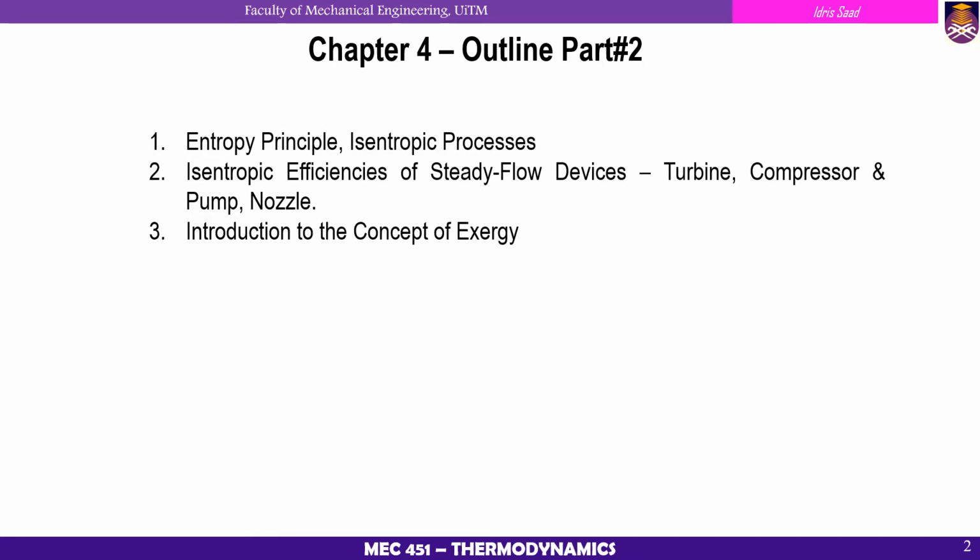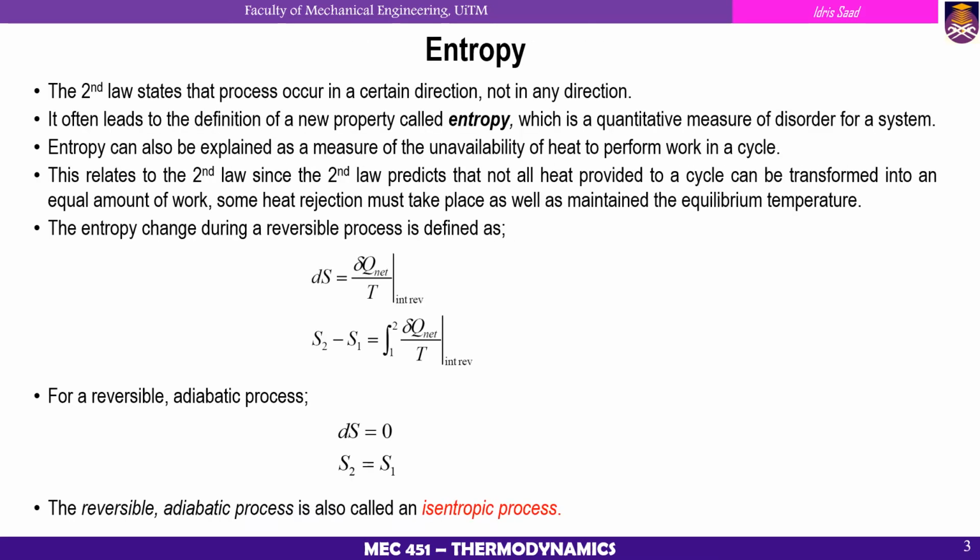Okay, let us proceed with the first topic in this part, which is entropy. As I pointed out in the video of chapter 4 part 1, the second law states that a thermodynamic process must occur in a certain direction, not in any direction. Based on that, thermodynamic experts have defined a property called entropy.